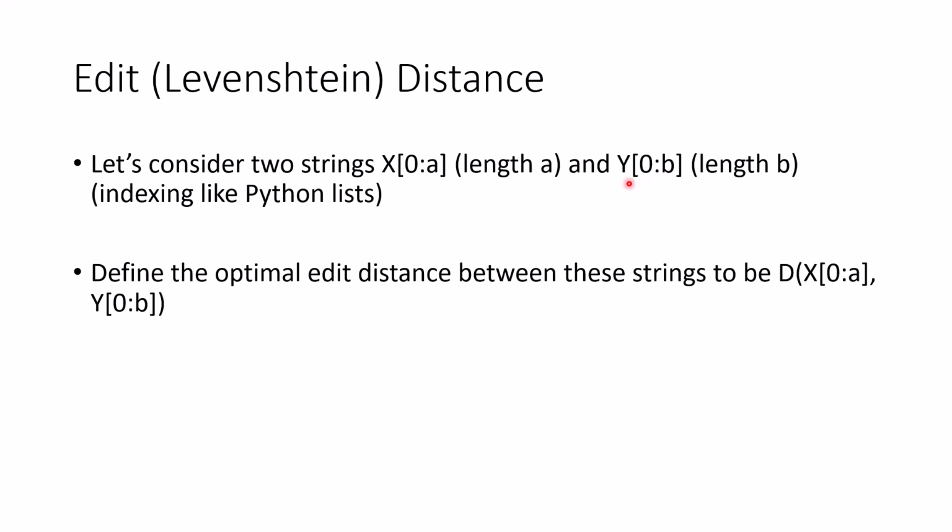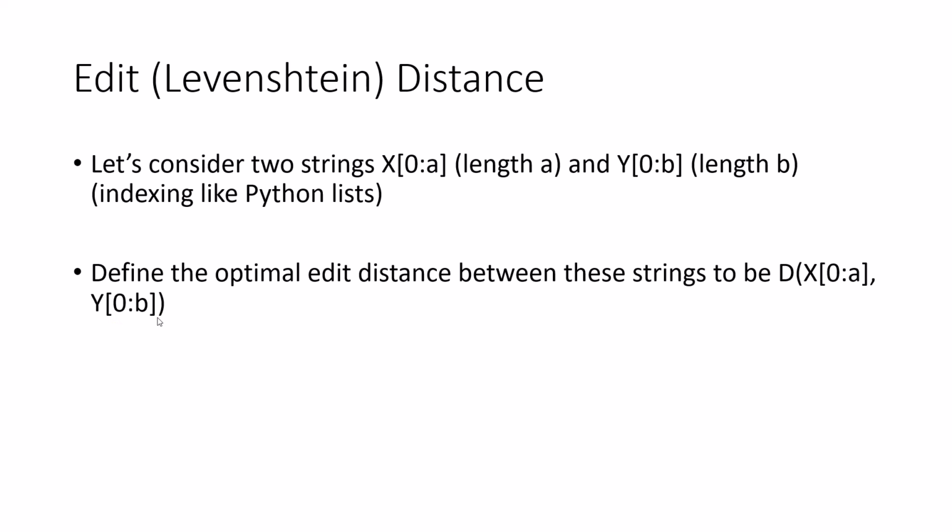And y will similarly be from 0 to b minus 1, so we're going to denote that as 0 colon b. So that's a string of length b. We're going to define the optimal edit distance between these strings to be, let's say, d of x and y.